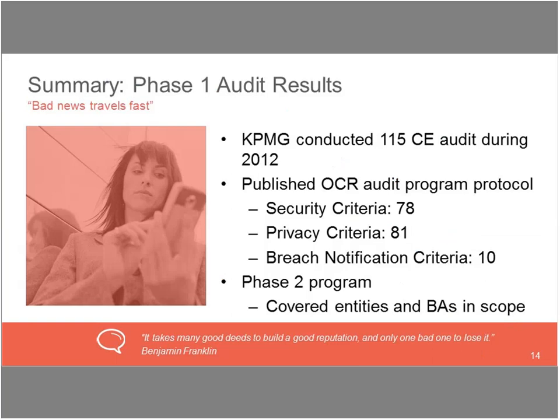Only covered entities in phase 1, but in phase 2 they are also including business associates. The second thing is they also published an audit program protocol. That was really exhaustive, though. You really need a couple of days to go over all of it. But essentially, based on the security criteria, privacy, and the breach rules that we talked about earlier, they had published all this information.